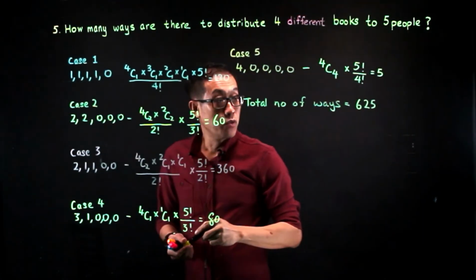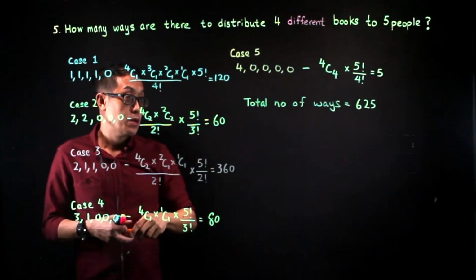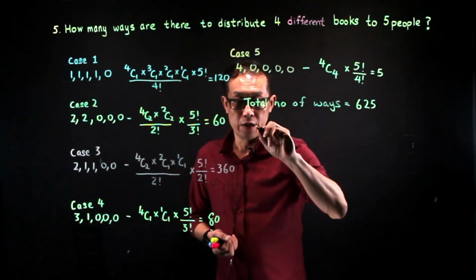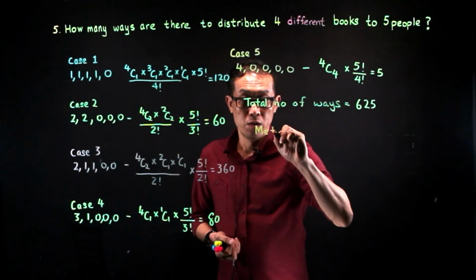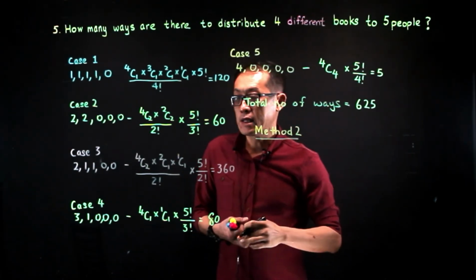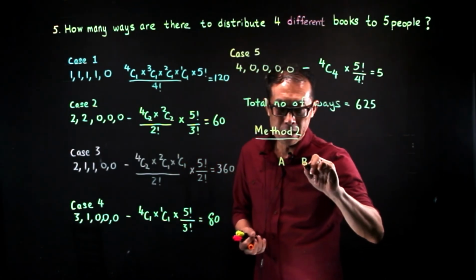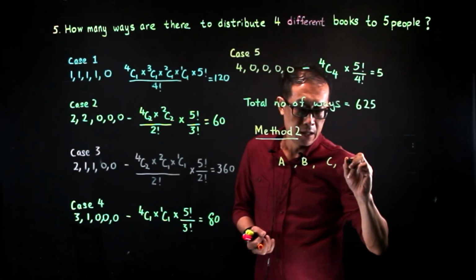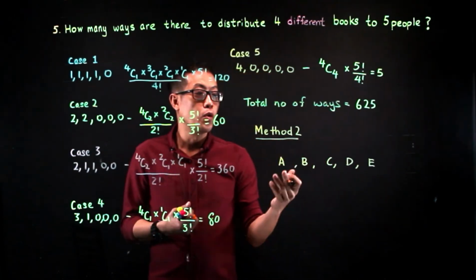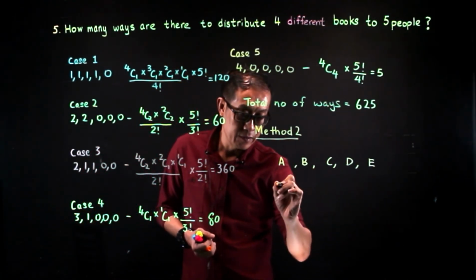Now there's a shorter way to look at this sum. You look at it, you have 5 different people. This is method 2. Let the 5 people be represented by A, B, C, D, and E. Now, the first book you can give to any of the 5 of them, so the answer is 5.